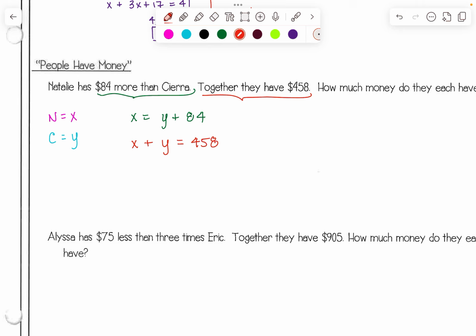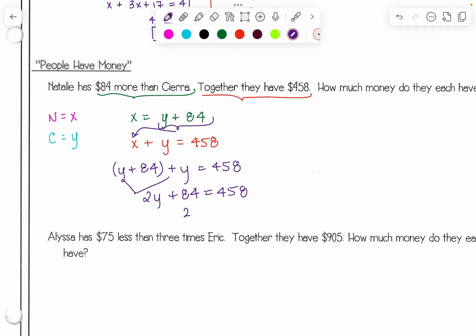I'm going to use the substitution method again because I already have one variable all by its lonesome self. I'm going to plug that in for X into my other equation and solve for Y. So I have Y plus 84 plus Y is equal to 458. So that's 2Y plus 84 is equal to 458.